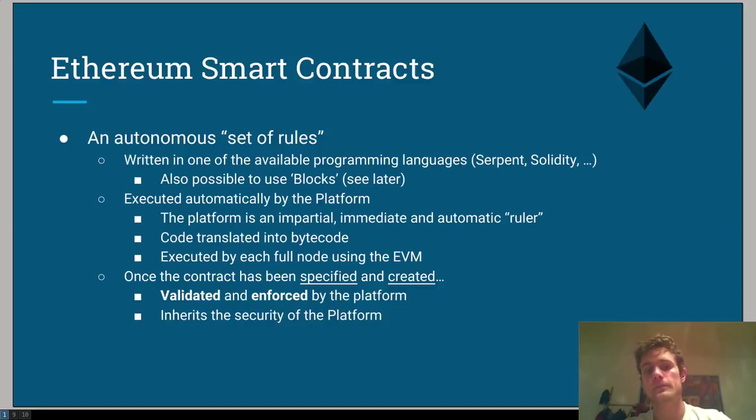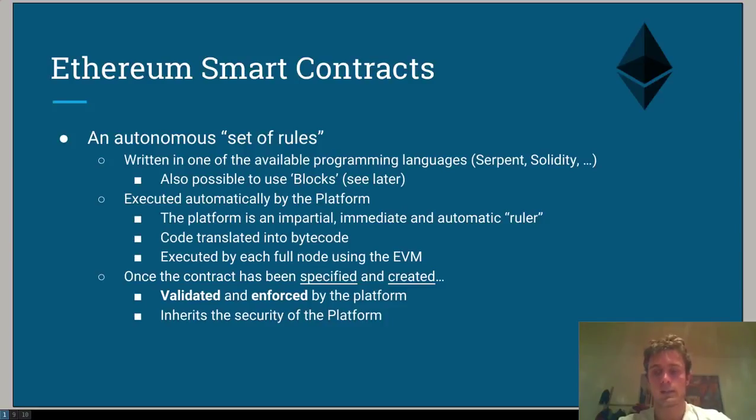And what's really important is that if you write a contract, you don't need to worry about the security of the contract, in the sense that you don't need to worry whether the cryptography is correct, or if the network is going to be up or down, or whether it is going to work. You don't need to worry about all those things because they are taken care of by the network.